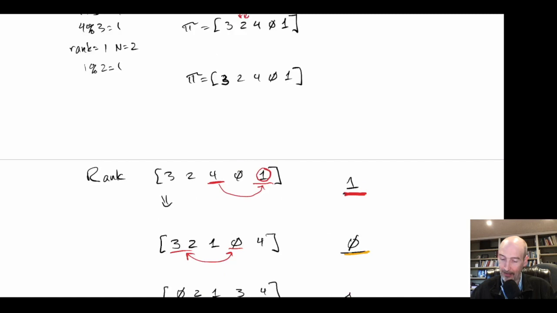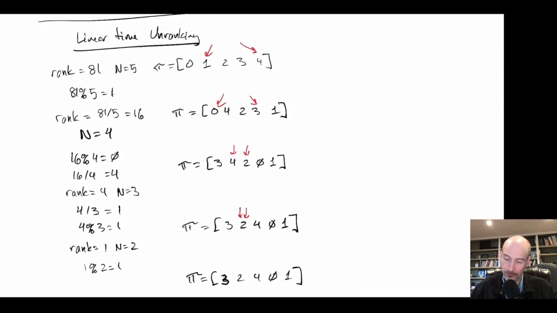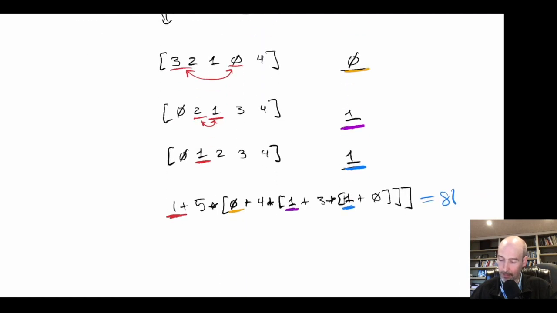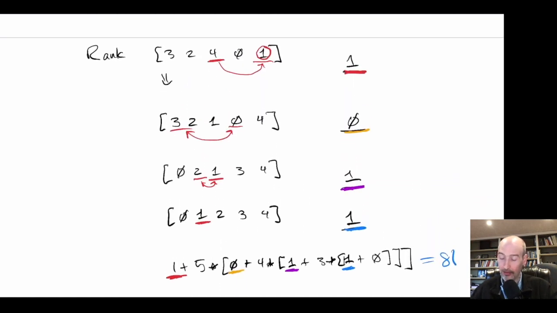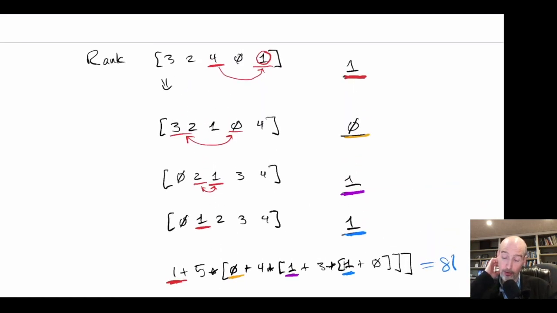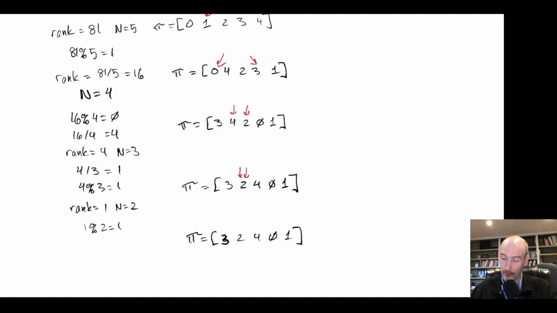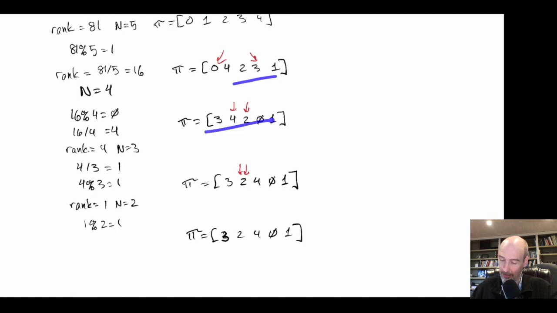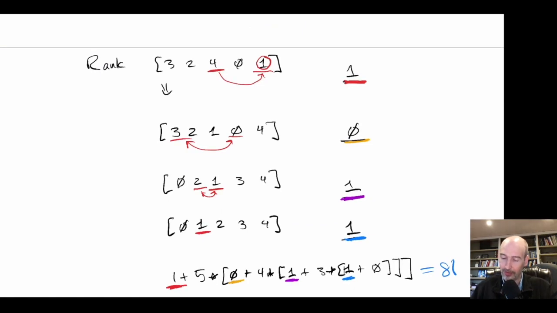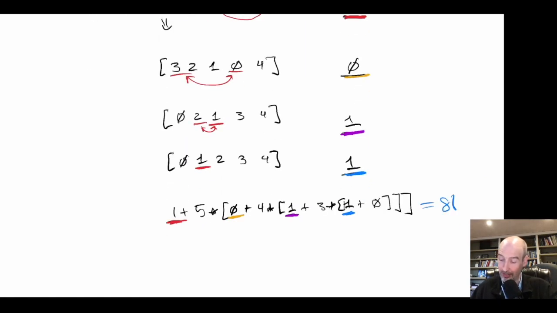And if we remember back here, when we did this process, 81 was the original rank that we started with. And so what we see here in this linear time algorithm is we can reverse the process that we used to do our ranking, which was to randomize an array. So here we have the fully randomized array. And here what we're going to do is take the ranking I start with, and essentially sort it.